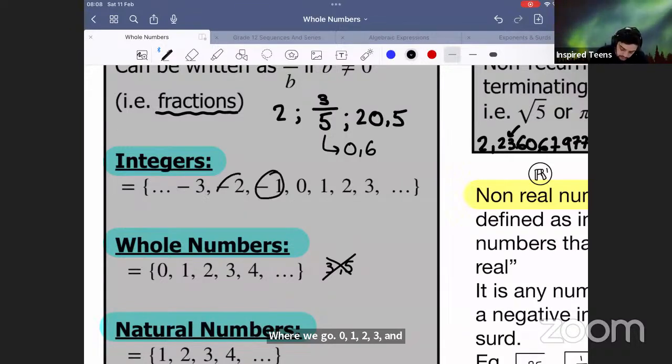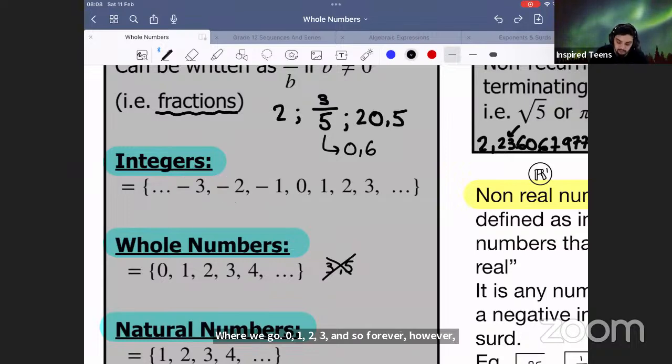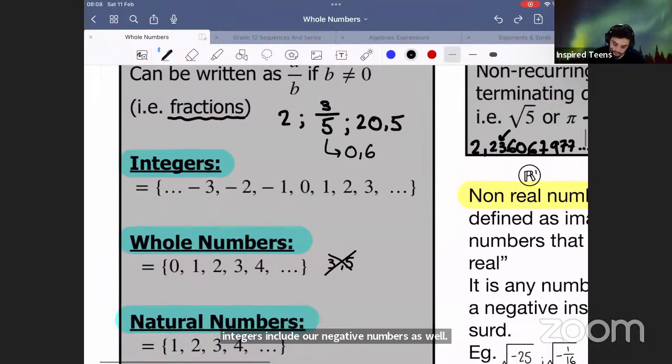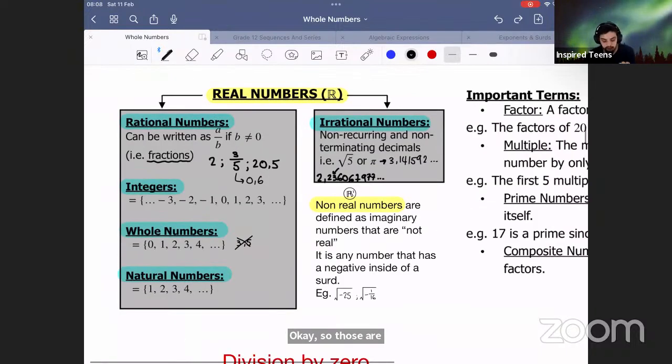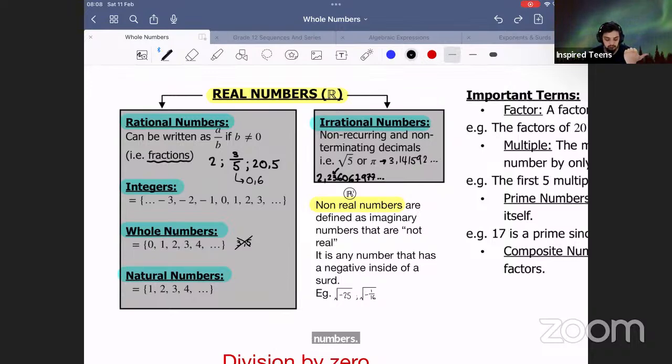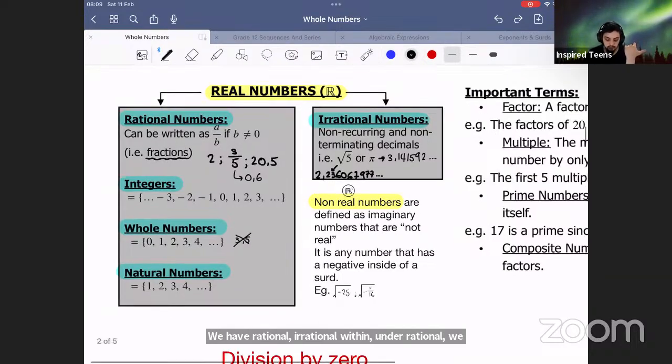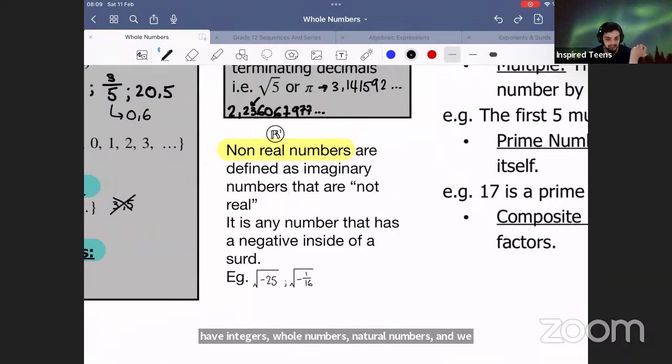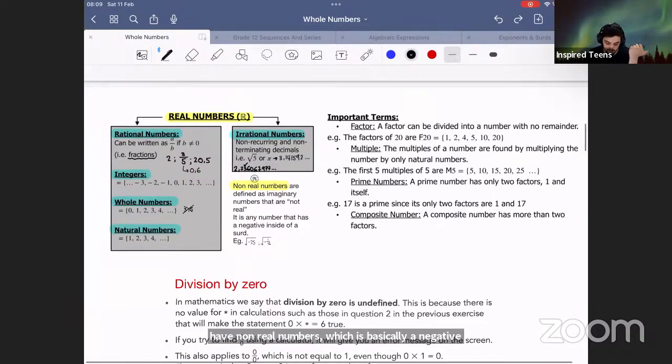However, integers include our negative numbers as well. So those are important to distinguish. Within real numbers, we have rational, irrational. Under rational, we have integers, whole numbers, natural numbers. Then we have non-real numbers, which is basically a negative within a third.